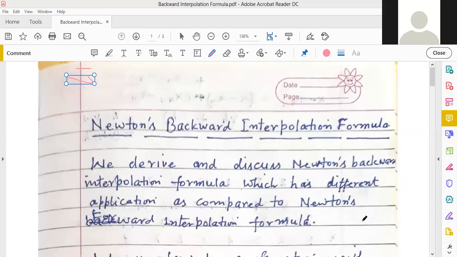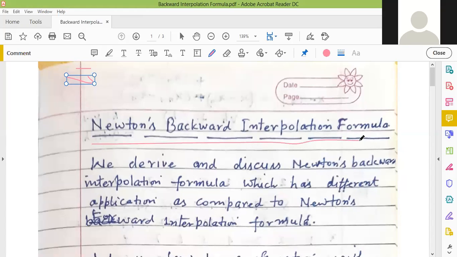In order to overcome this situation of interpolating the values of the function at the end of the data set or a little bit forward from the end value, we design and develop a new method that is popularly known as Newton's backward interpolation formula.